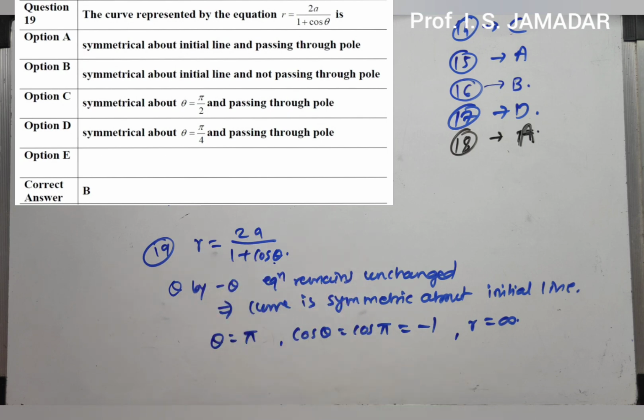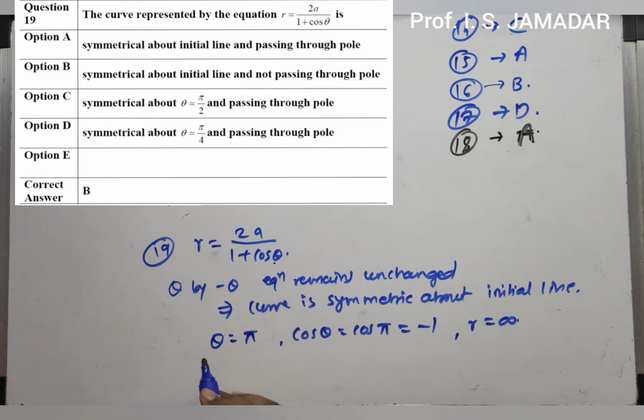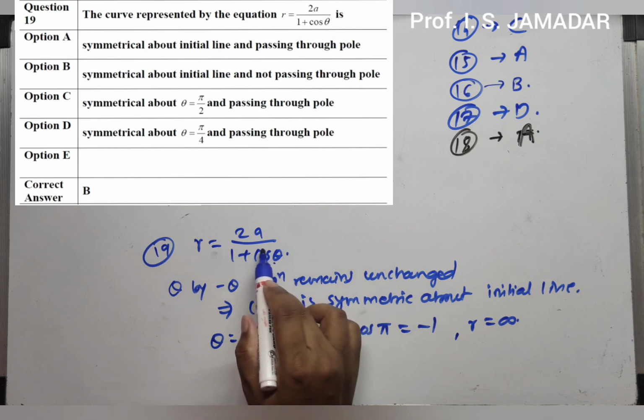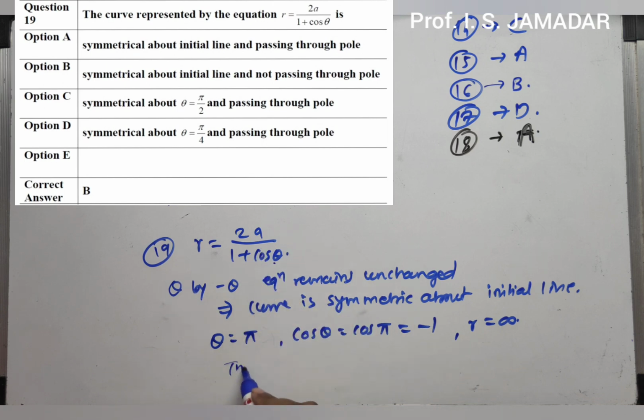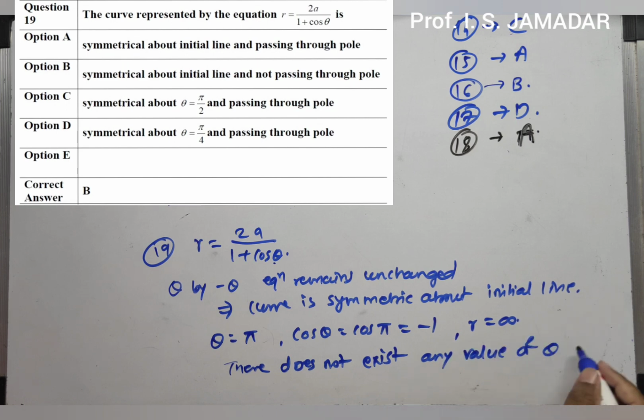But cos is bounded, we know that cos always lies between plus 1 and minus 1, maximum plus 1 and minimum minus 1. So cos cannot be infinity. It means there does not exist any value of theta for which r becomes 0.